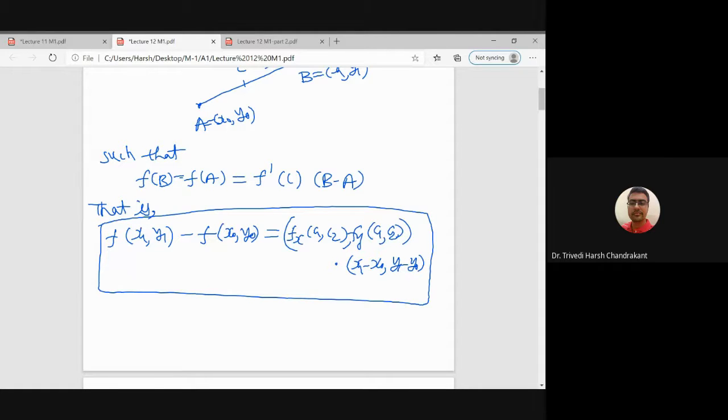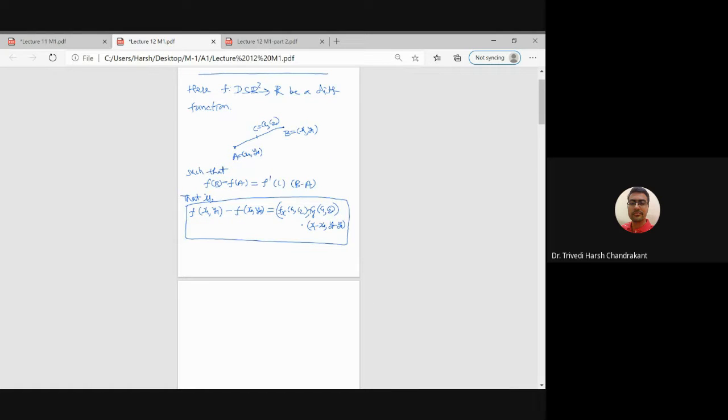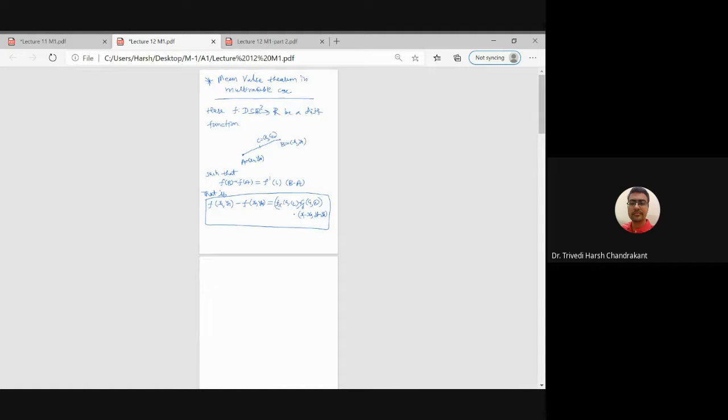So the mean value theorem in terms of coordinates gives us an equation in terms of partial derivatives. One remark we want to study here is: suppose our partial derivatives are 0. In the one variable case, if the function is differentiable and its derivative is zero everywhere, then we know that the function is a constant function.